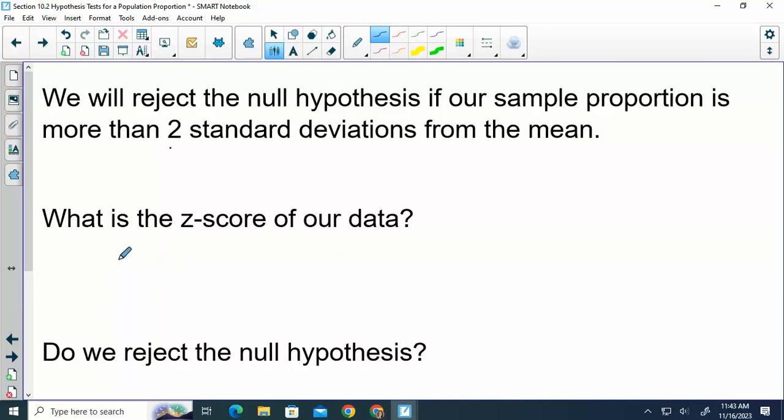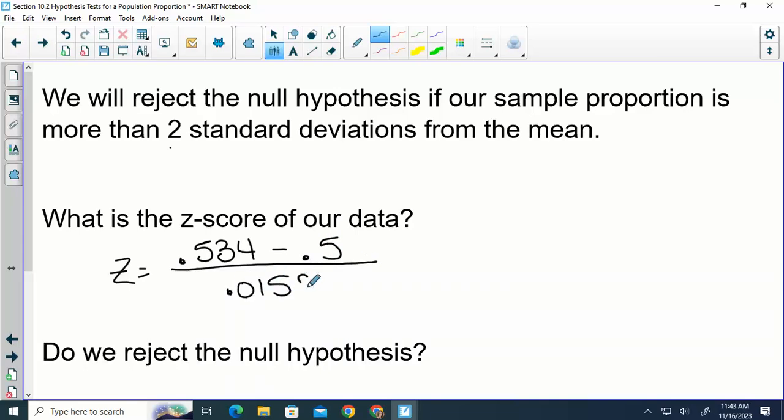So we need our Z-score. So Z is our value, which is the 0.534, minus the mean, which was 0.5, divided by our standard deviation, 0.0158.